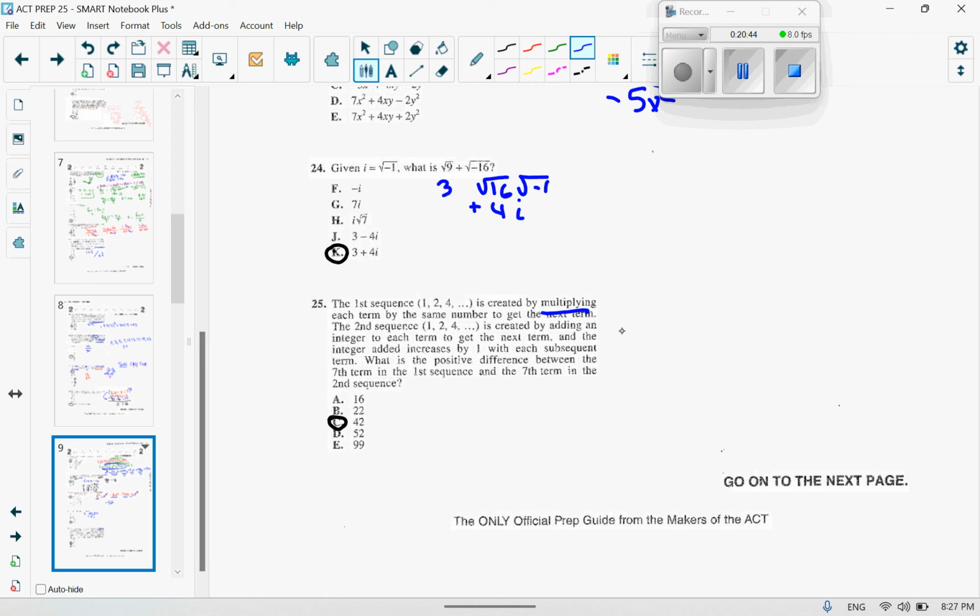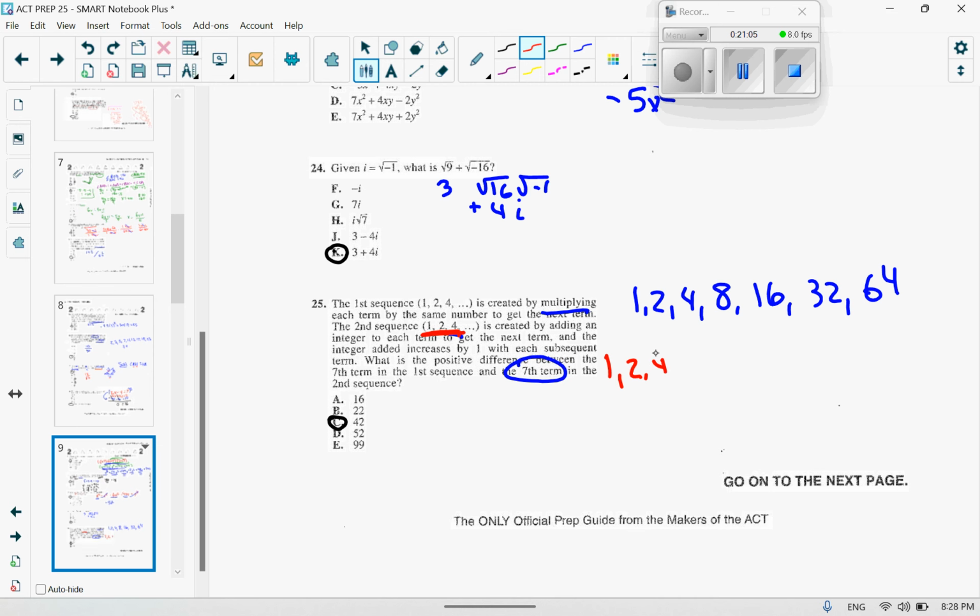Multiplying, and it's asking about the differences in the seventh term, so 1, 2, 4, times 2 is 8, 16, 32, 64. And this one says I'm adding each time, but it's growing. So 1 to 2, I'm adding 1.